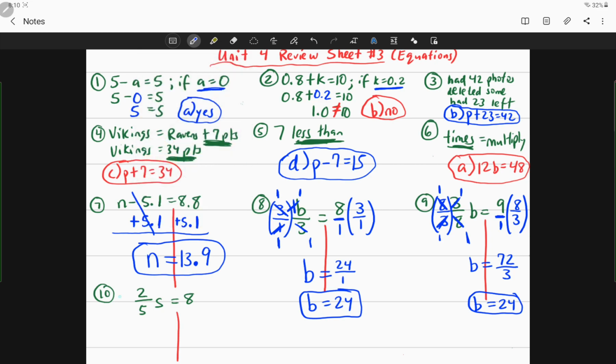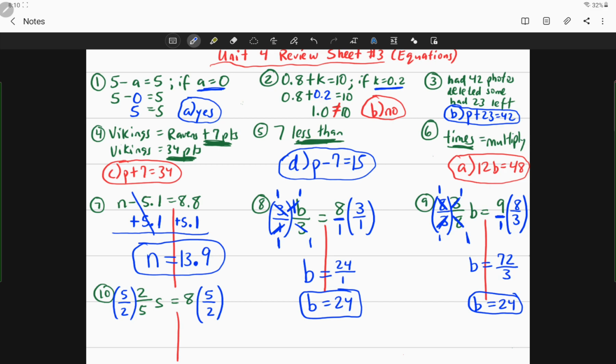So the opposite of dividing is to multiply. I know to get rid of the fraction, I must multiply by the reciprocal again. So instead of 2/5, I multiply by 5/2. And whatever I do on one side of the equation, I balance it by doing the same exact thing to the other. So also multiply that by 5/2.